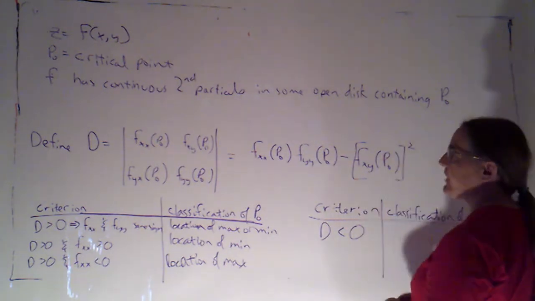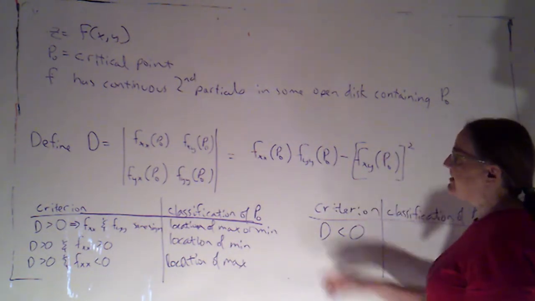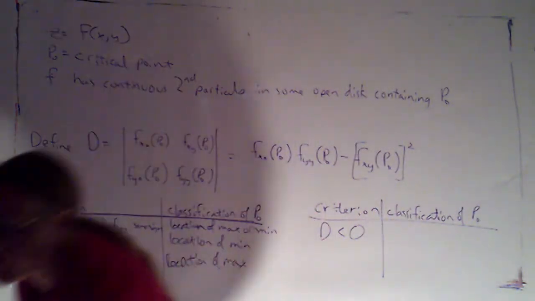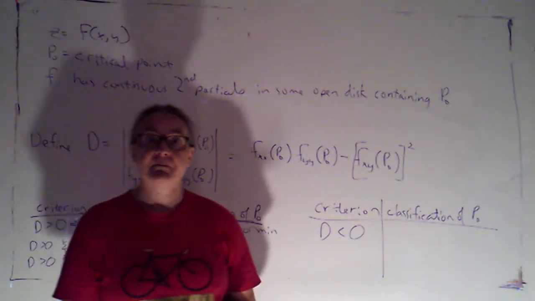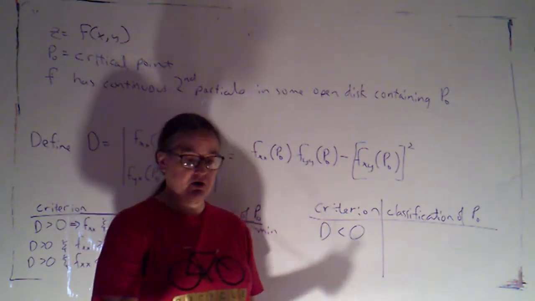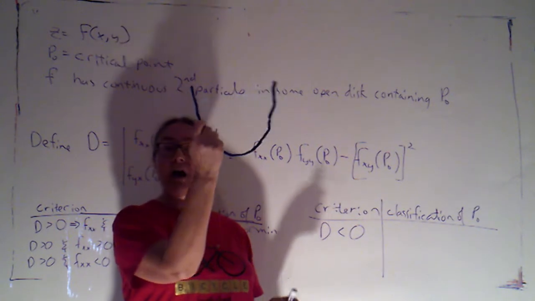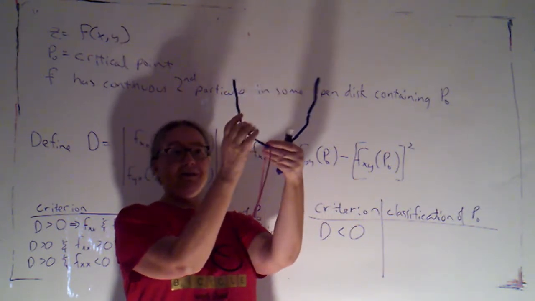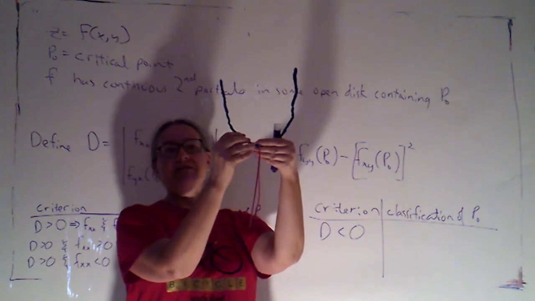So I'm going to look at the situation where D is negative because these non-mixed second partials have opposite signs. Now, when that's the case, that would be telling us that one cross-sectional curve was concave up, and the cross-sectional curve in the other direction was concave down.